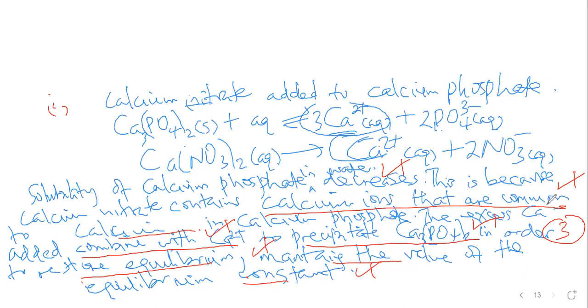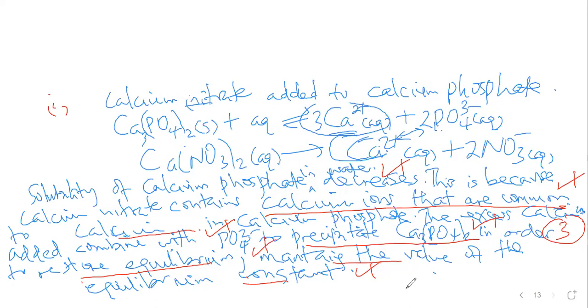So the excess calcium ion is added, and combines with phosphate ions to precipitate calcium phosphate. Why does that happen? To restore the equilibrium, maintaining the value of the equilibrium constant.